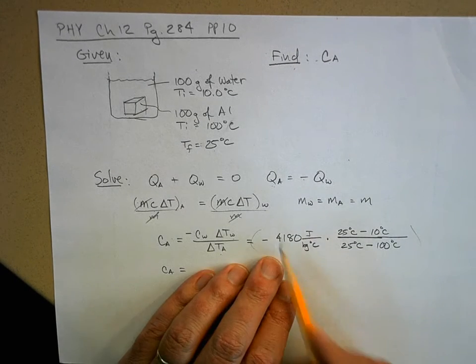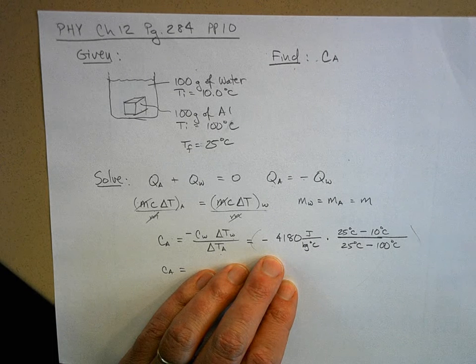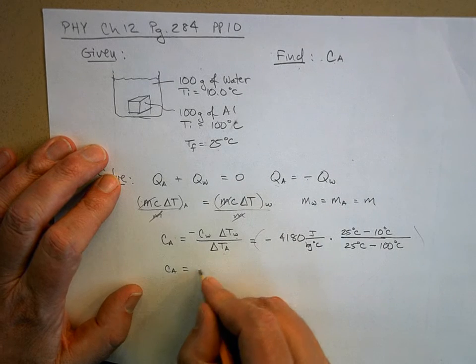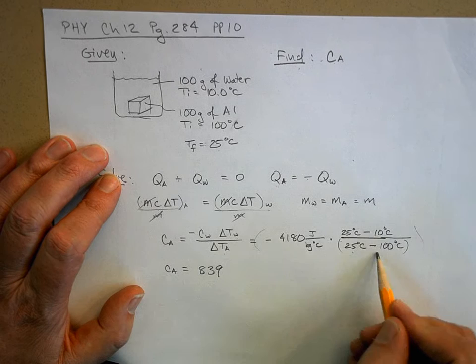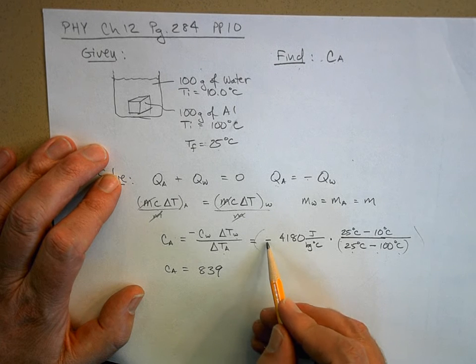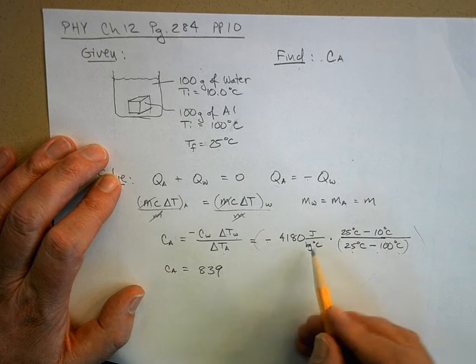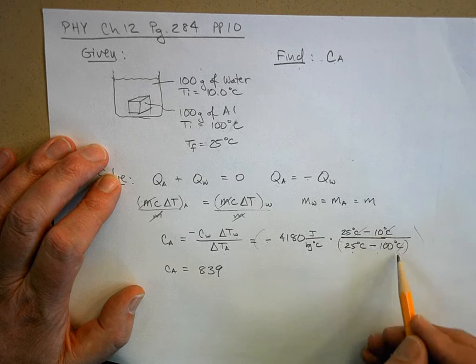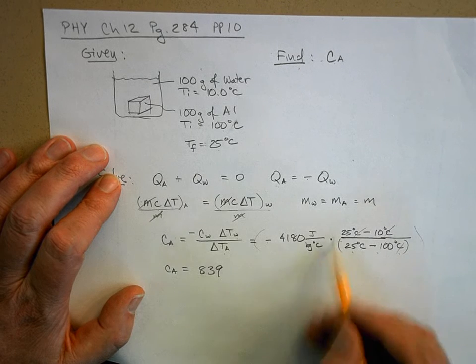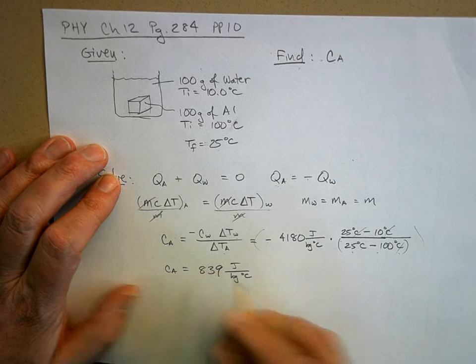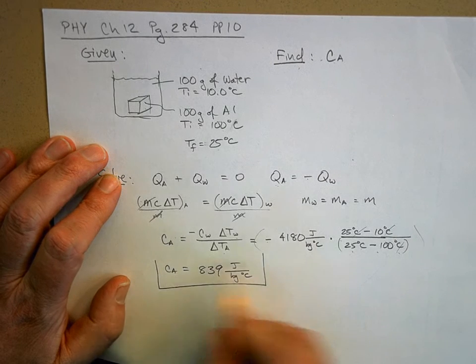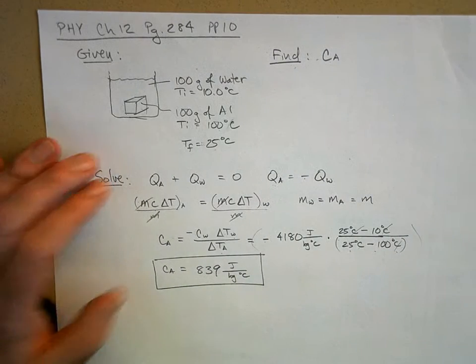And then this is times negative 4,180, and I get 836. Notice the negative from 25 minus 100 cancels with the negative out here, and the degrees Celsius cancels over here. So that just leaves these units. And that's how you do that problem.